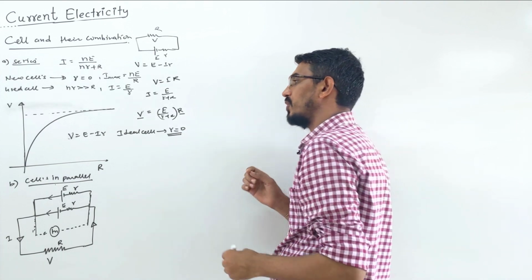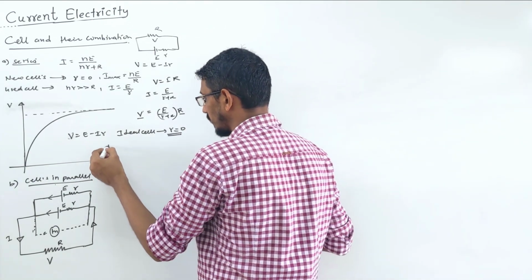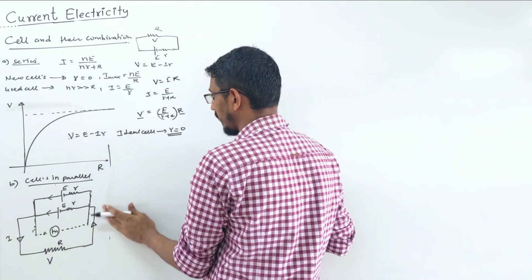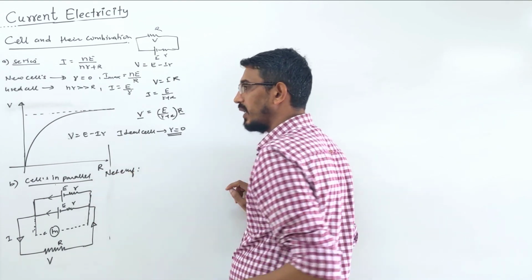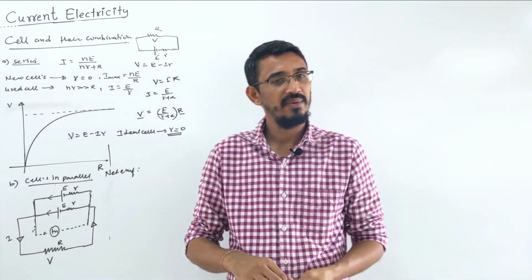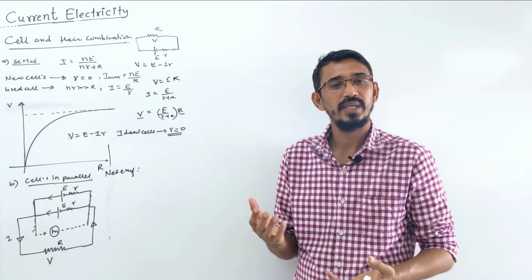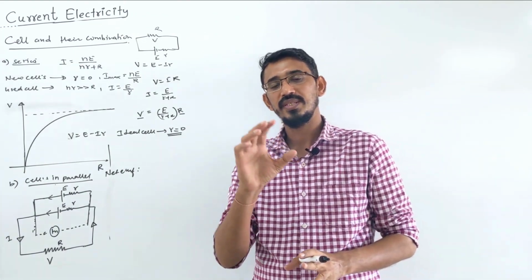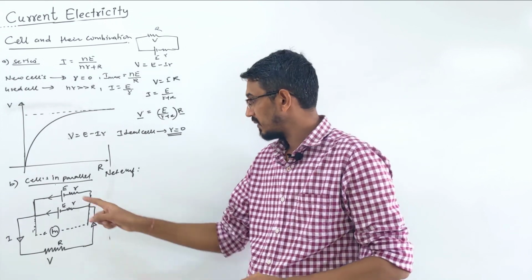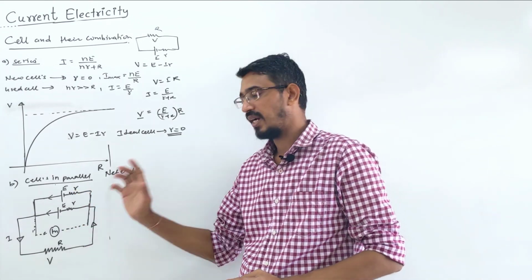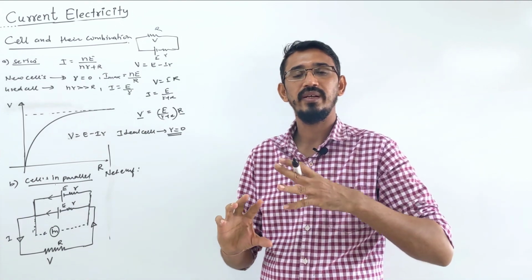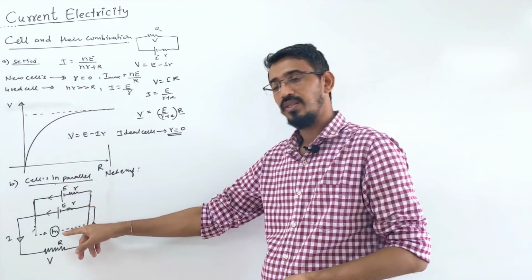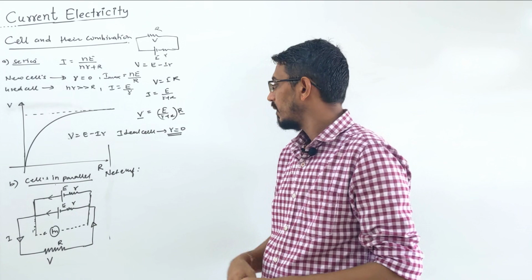We want to find the current flowing now. Again the same procedure: you have to find the net EMF. You know that in parallel the potential remains the same. So any number of cells you connect in parallel, the total potential will be equal to any one cell, when we connect identical cells. There will be special questions where the cells have different values, E1 and E2, then we will see.